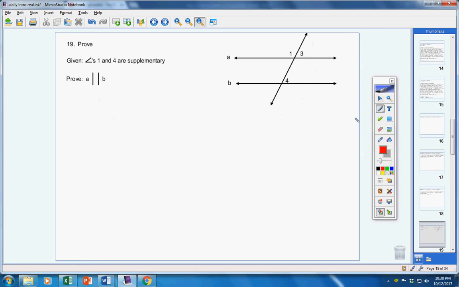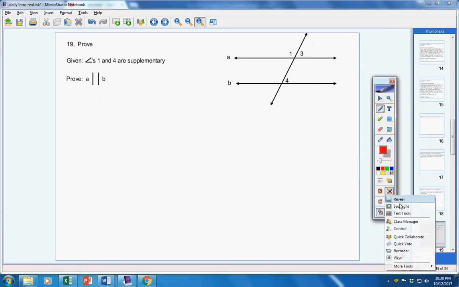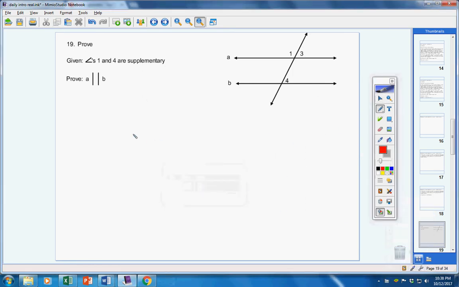On number 19, let's see here. Okay, Tori, here we go. Now, number 1, obviously you should put your given, and you did that. Number 2 is totally okay, Tori, to say that 1 plus 4 equals 180. That's fine, okay? No problem with that, but you didn't have to, okay? You did not have to do that, and I'll show you why a little later, okay? Now, look at angles 1 and 3.